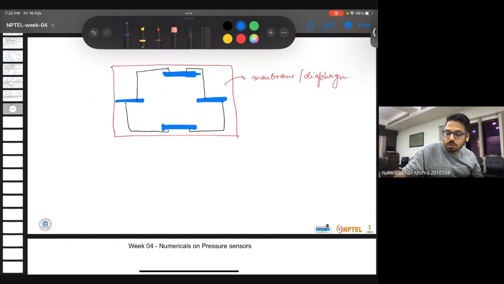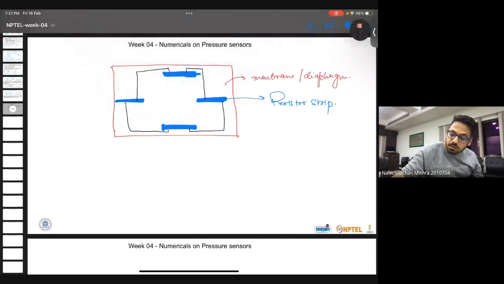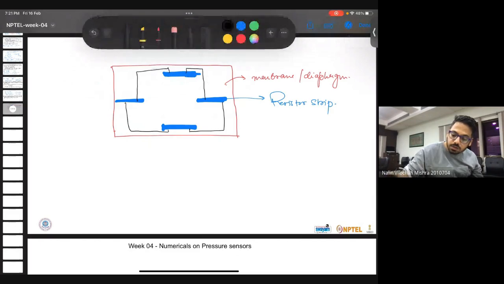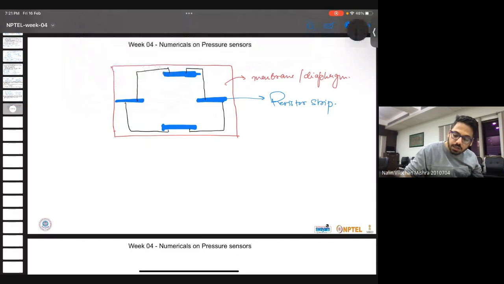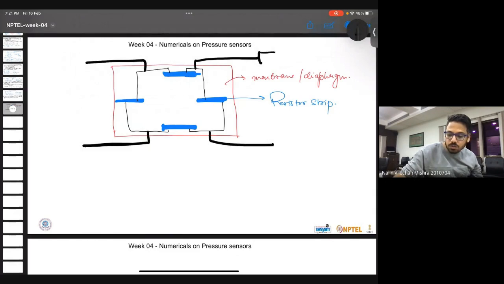These blue things are resistor strips, and these are connected with some conductor or some wires, and this is further extended like this, and it is anchored like this.